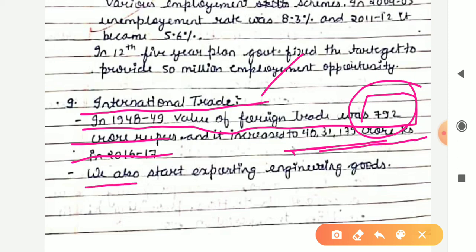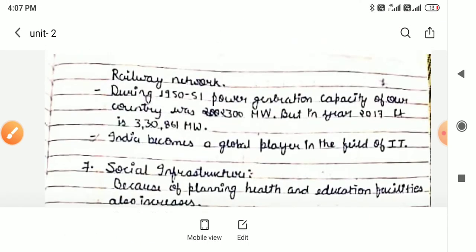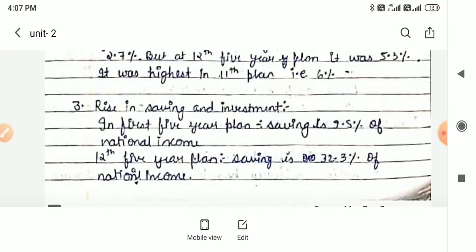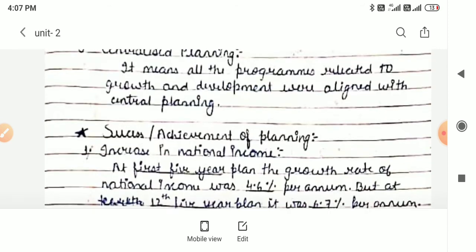We also started exporting engineering goods. Exporting engineering goods means at present we can produce various machines for production in our country and we can sell them to foreign countries. So these are the successes or achievements of 5 year plans by our country.